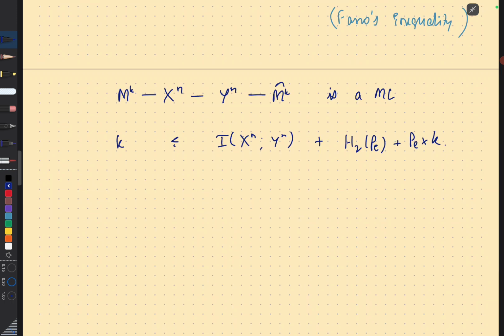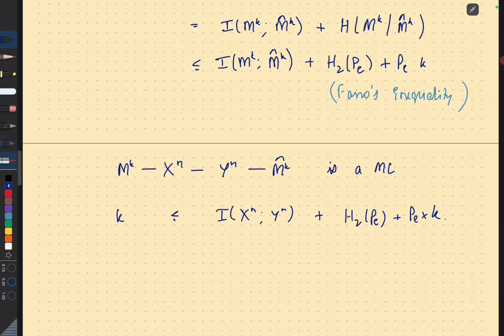So one second, can you repeat the first one? Okay. Which point? Last. So up to this point it is okay, right? So basically, the first observation is that mk, xn, yn, mk hat forms a Markov chain, right? Because given xn, the yn is independent of mk, and given yn, mk hat is independent of xn and mk. All right?